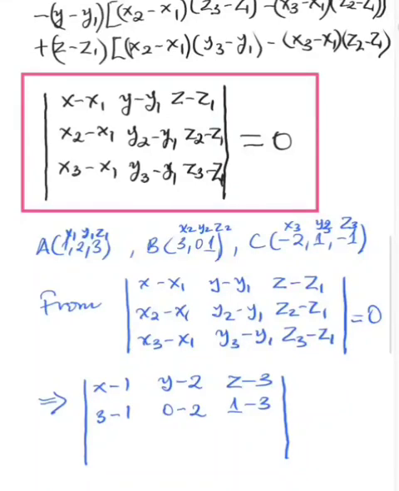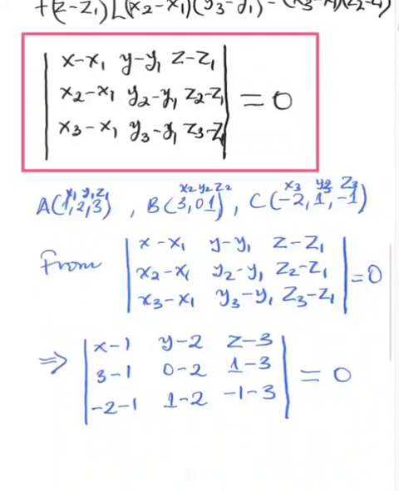We have x3 minus x1, x3 is -2, and x1 is 1. We have y3 minus y1, so y3 is 1 and y1 is 2, and we have z3 minus z1. Z3 is negative 1 and z1 is 3. That determinant should be equal to 0.